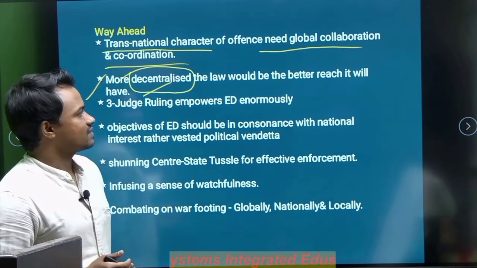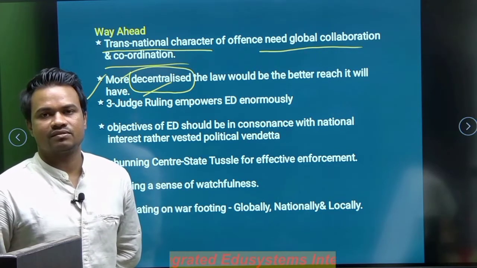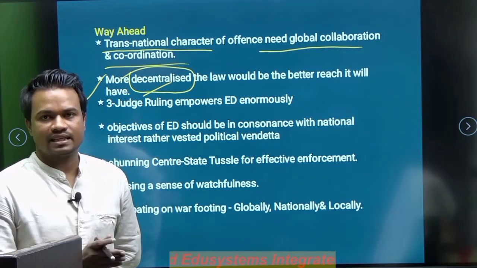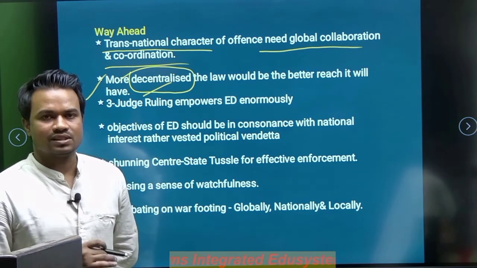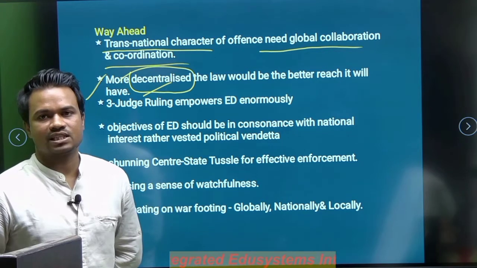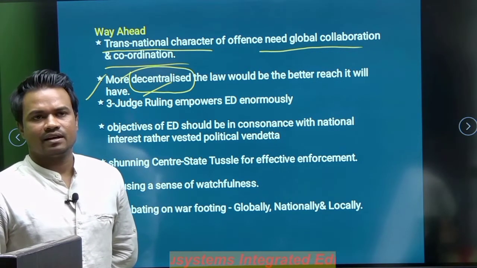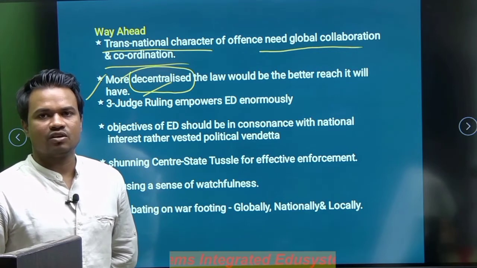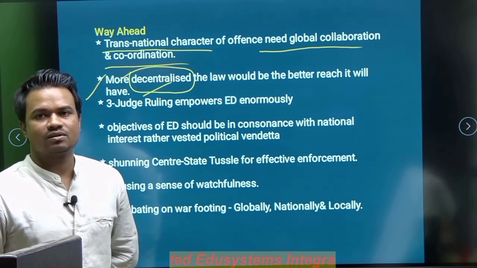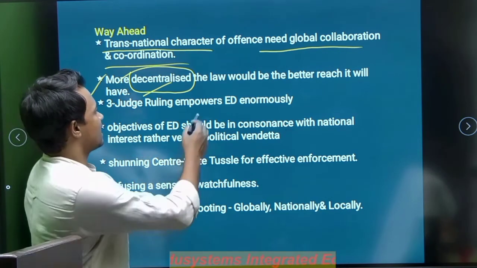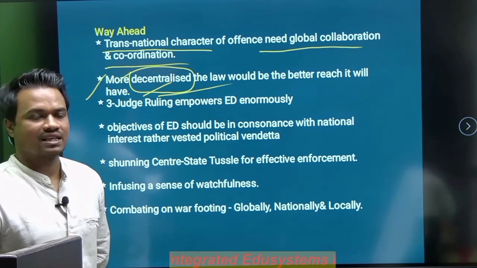In that case, states or regions should also be authorized with tools like the ED, which is working for the Centre. States should also be authorized to combat money laundering issues, or maybe in the near future, with strong coordination, some sense of responsibility will be assigned to the states. So a decentralized law is very important for better reach and better effectiveness.